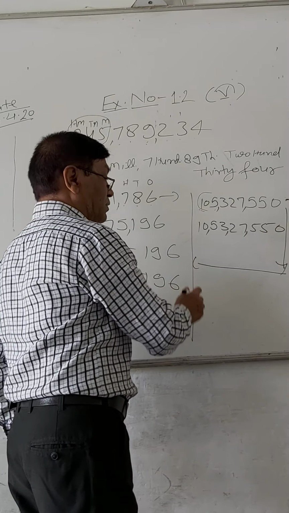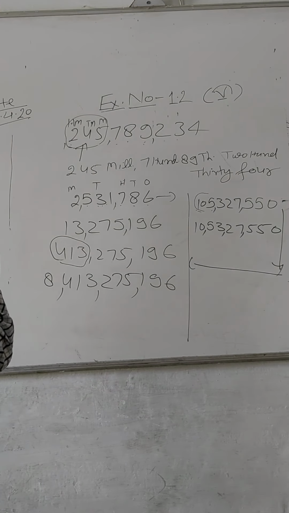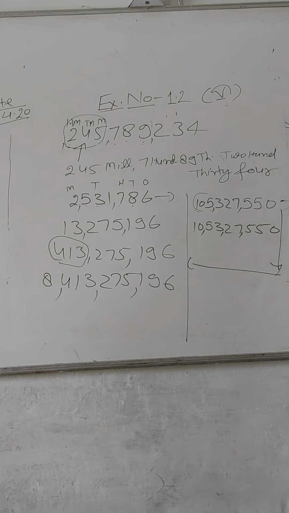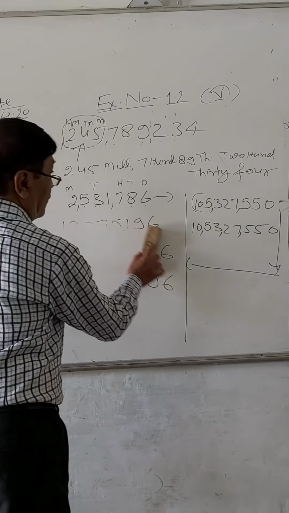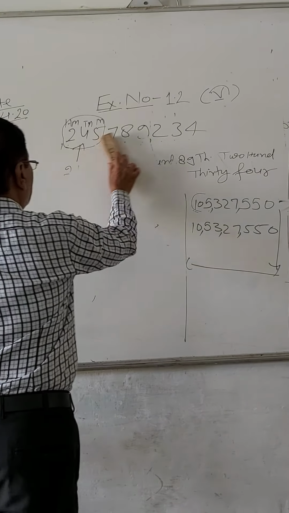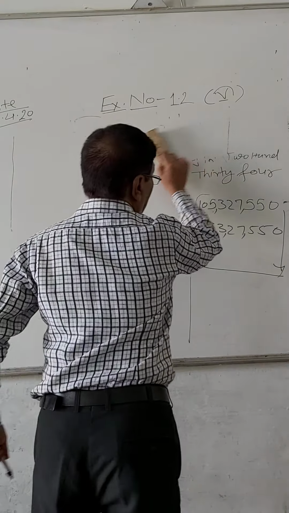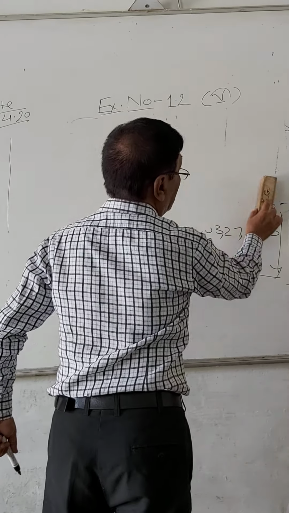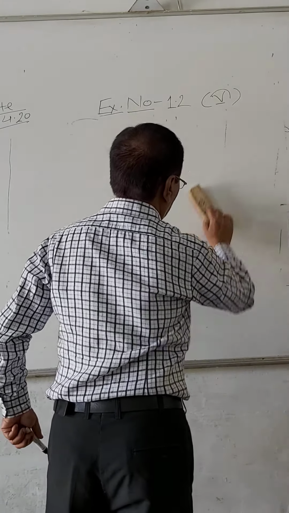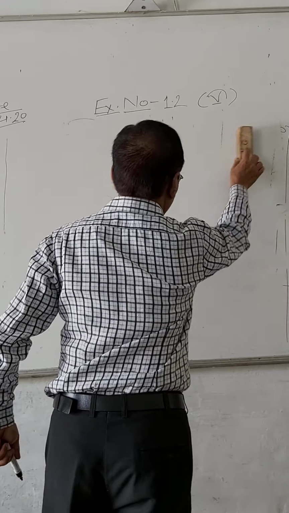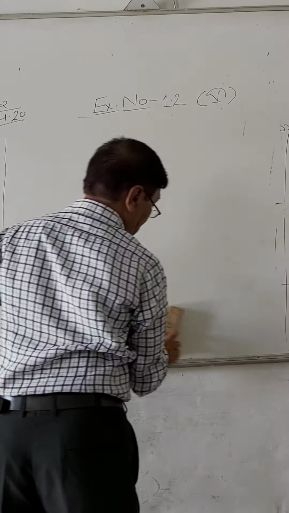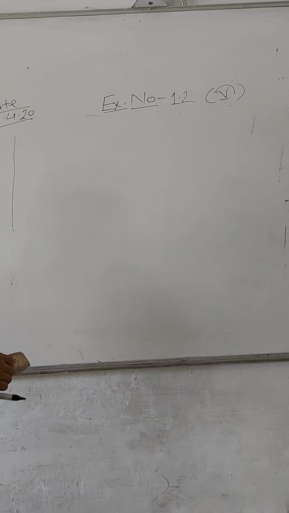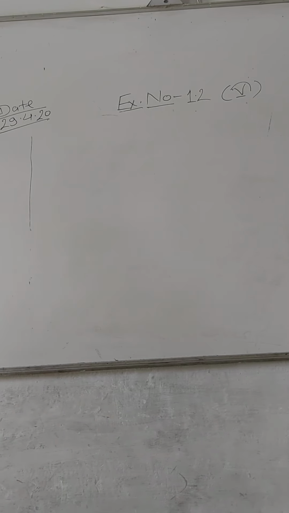In the next question, the name is given and from that name you write the numbers. From the number you must be able to write the name and from the name you must be able to write the numerals. Now the names are given here and you have to write the numeral for each.